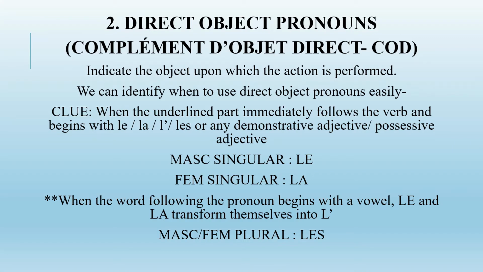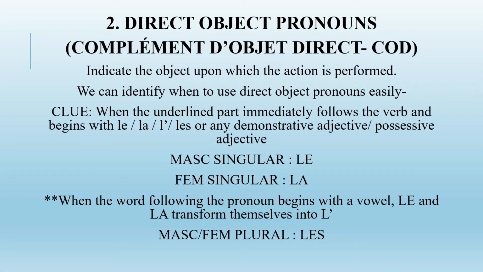That means it should begin with any of the definite articles, or a demonstrative adjective or a possessive adjective, or for that matter, it can be any name of a person as well. As long as it is the object, it follows the verb. And these starting parts of the underlined part will give you a better idea that you have to use the direct object pronouns.